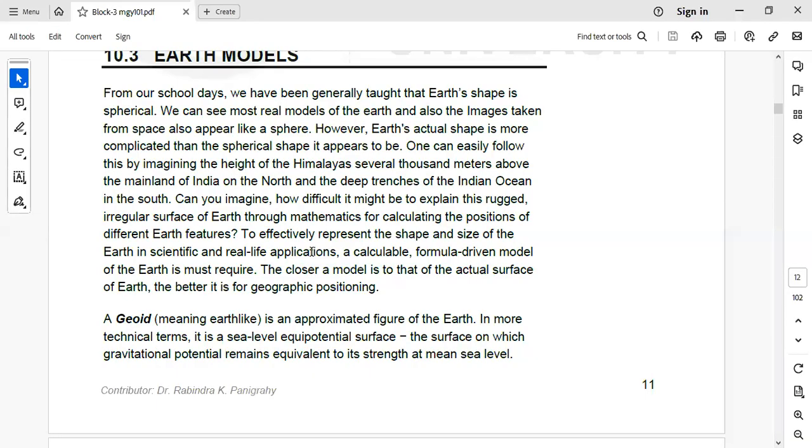The geoid is an approximated figure of the Earth, basically a sea level equipotential surface, in which the surface remains equivalent to the gravitational potential of the Earth.